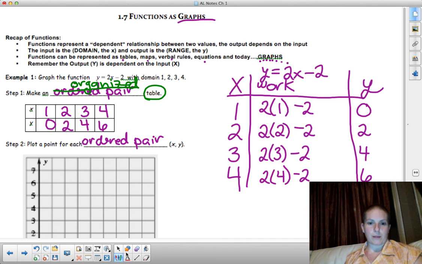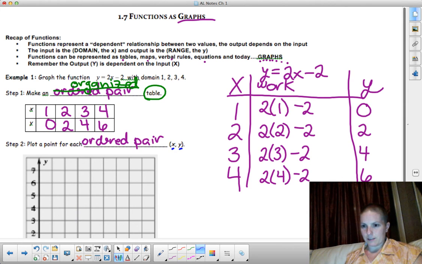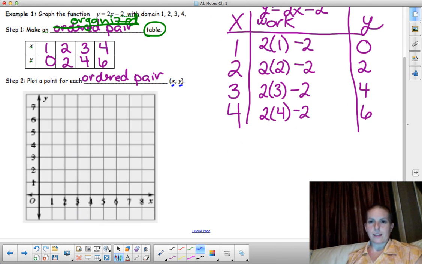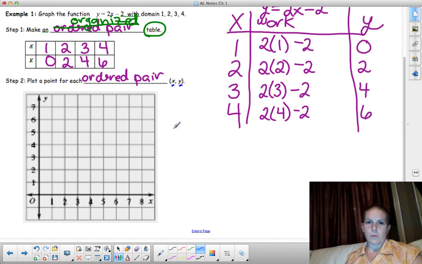That means that we plot the x value first and the y value second. So go to the x-axis first and the y-axis second. And it looks like this. I'm going to list my ordered pairs just so that we get used to seeing them listed out as ordered pairs, because that's definitely a skill we need to possess.